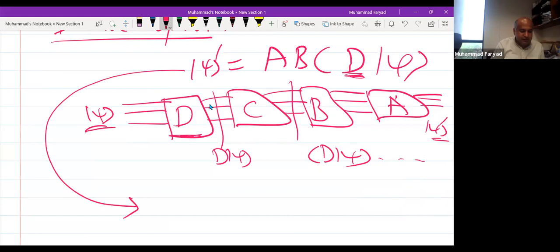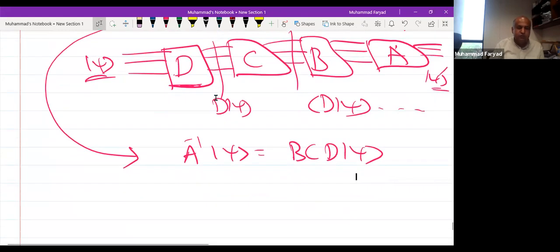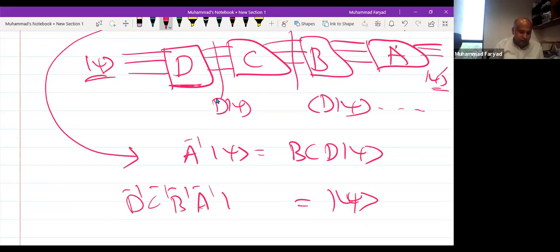So let's multiply with A inverse on both sides. This will give me B, C, D psi. Let's now apply B inverse on both sides, then C inverse, and then D inverse, and then ultimately psi is going to be D inverse, C inverse, B inverse, A inverse, psi prime.